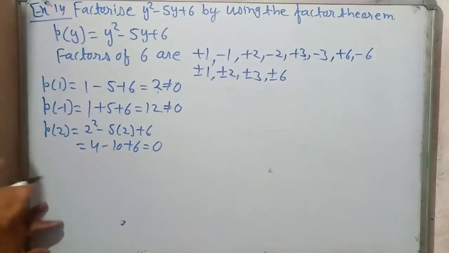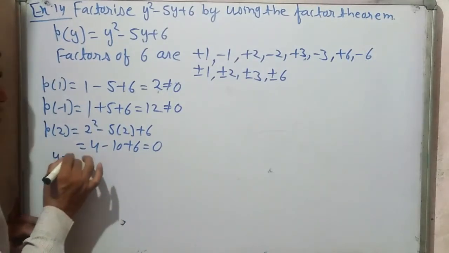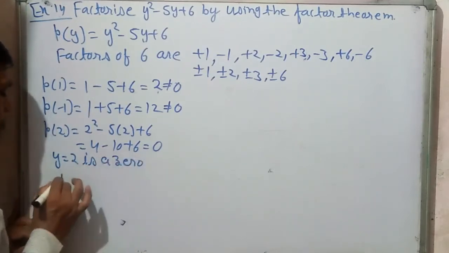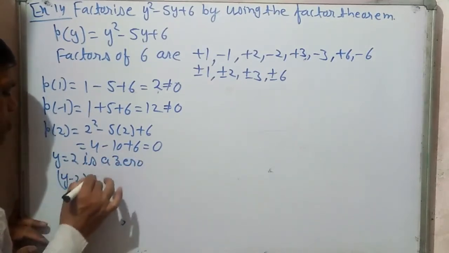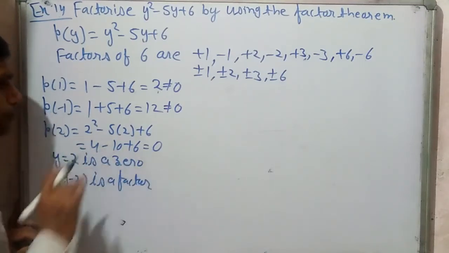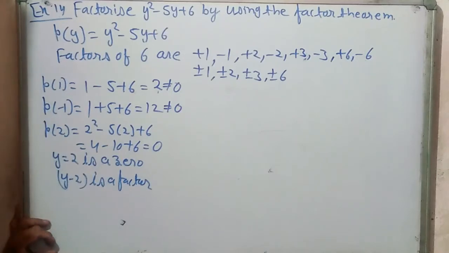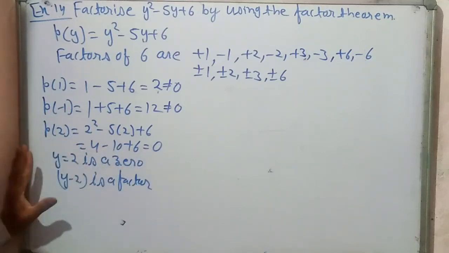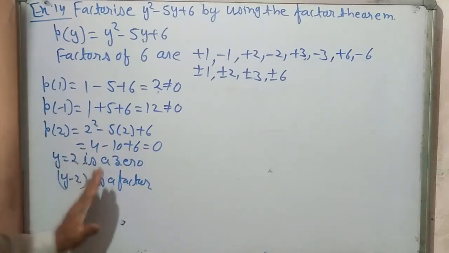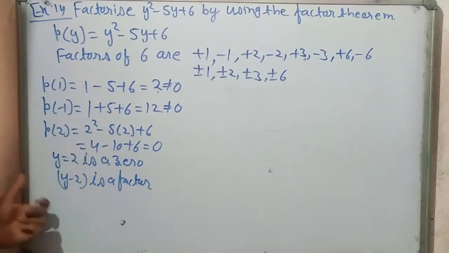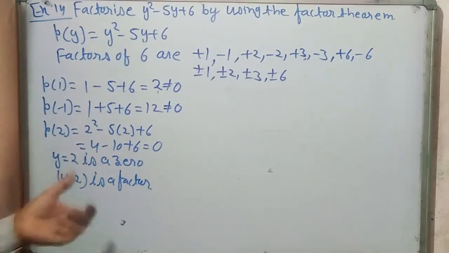That means y equals 2 is a zero. y − 2 is a factor. Simple. y equals 2 is a zero because the polynomial's value at 2 is 0. And since y equals 2 is a zero, y − 2 is a factor. That is a relation we have understood using the factor theorem and the zeros definition.